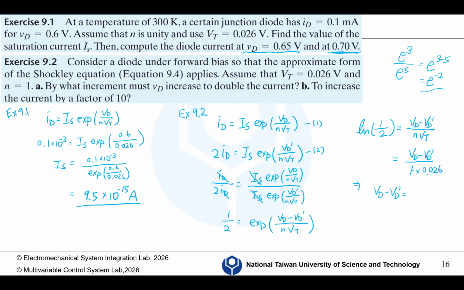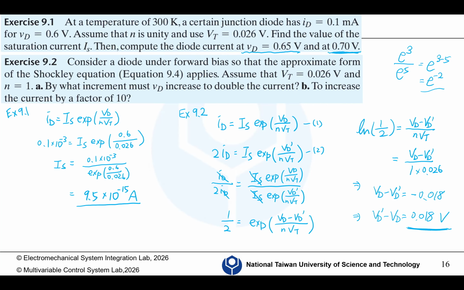So you have VD minus VD prime equals natural log 1 over 2, so natural log 0.5 times 0.026, which is minus 0.018. Which means VD prime minus VD equals 0.018. And so it needs to increase by 0.018 volt.